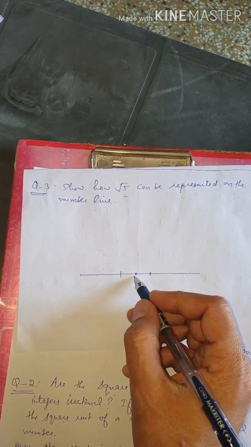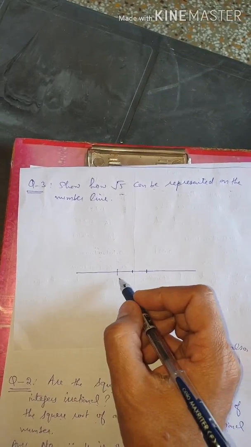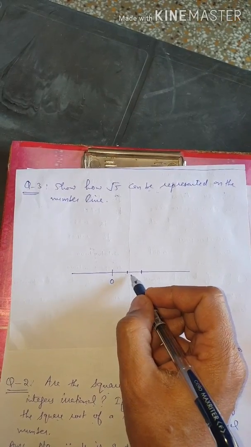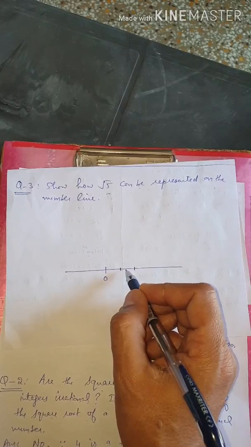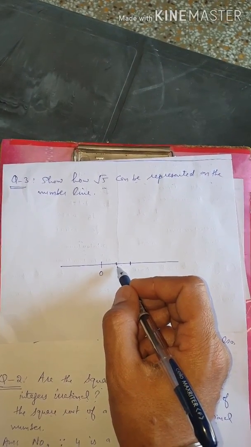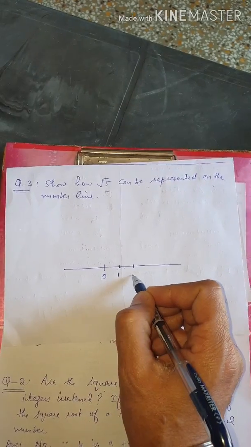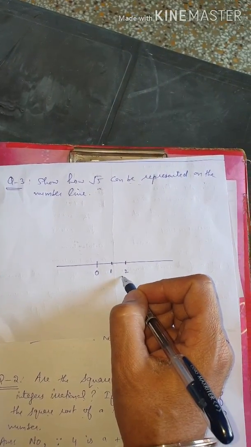You can take 1 centimeter as 1 unit or 2 centimeter distance as 1 unit. Very first thing, locate a point on the number line. Then take 2 points at the same distance. For example, I am taking 2 centimeter distance as 1 unit. So after 2 centimeters mark 1, and after 2 centimeters more mark 2 on it.